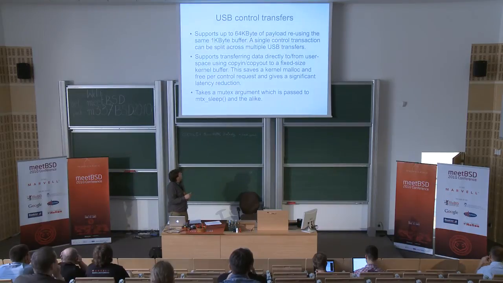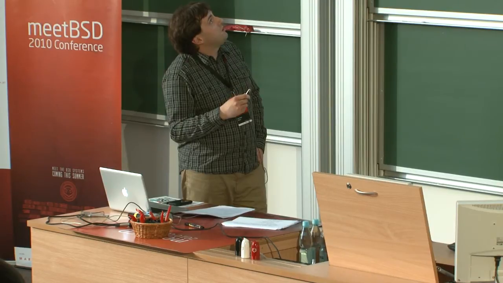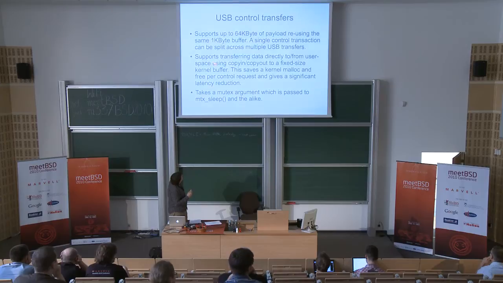So I introduced a new state to split control transactions into smaller buffers. This is more technical stuff. A new feature too is that, via this splitting, you can now copy data directly from user space to kernel when you're doing a control request.